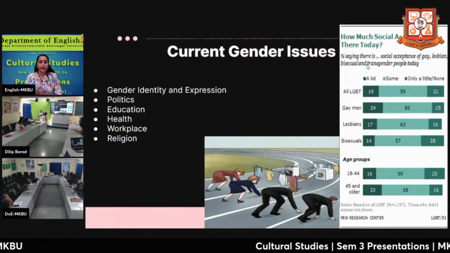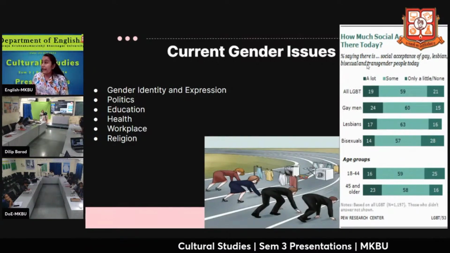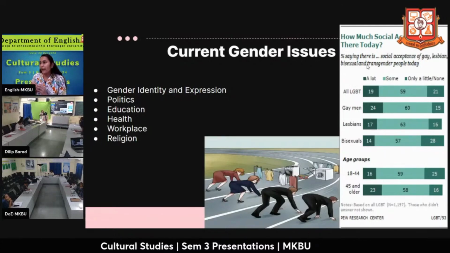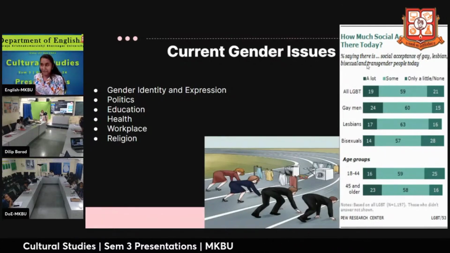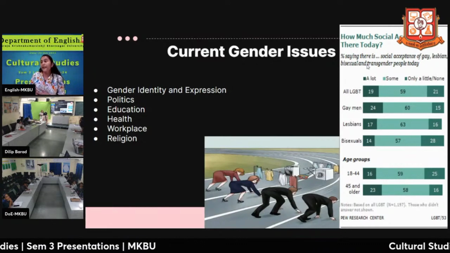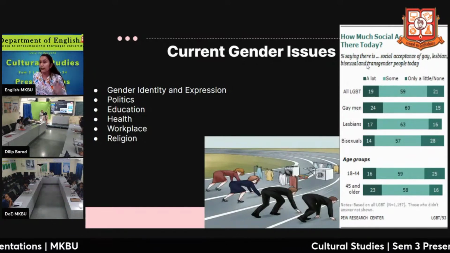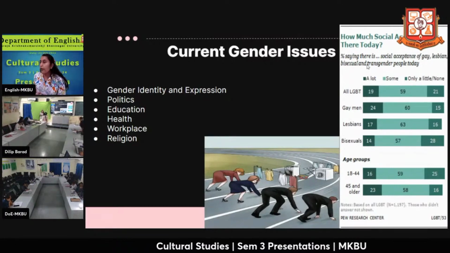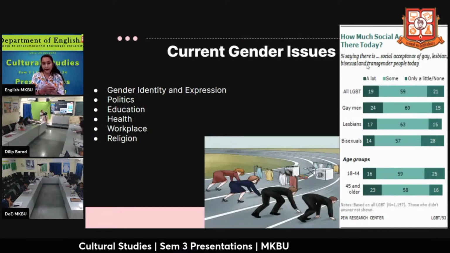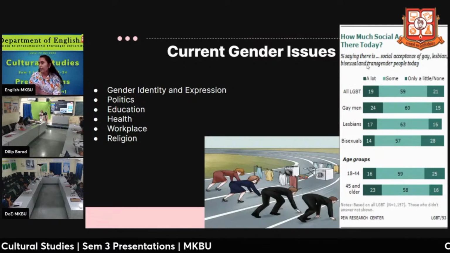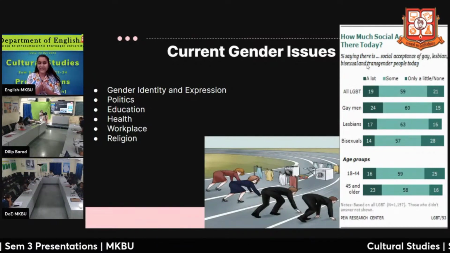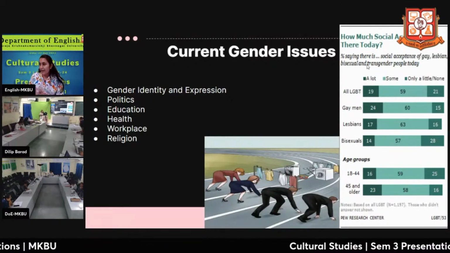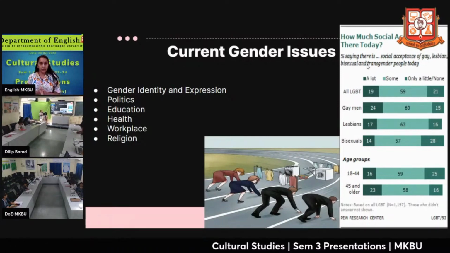In mechanical engineering only 1% or 3% are women, because the mechanical field is seen as only for boys. So I think education does not address this type of issue.